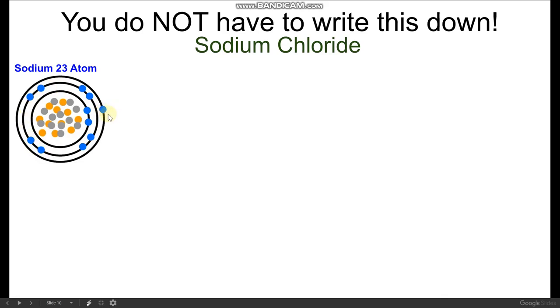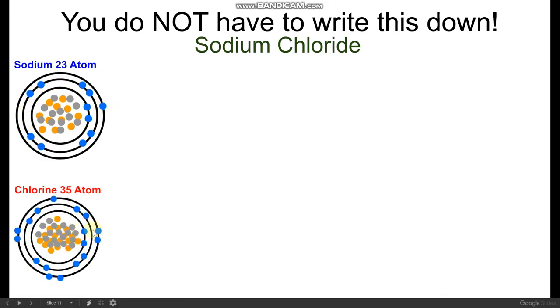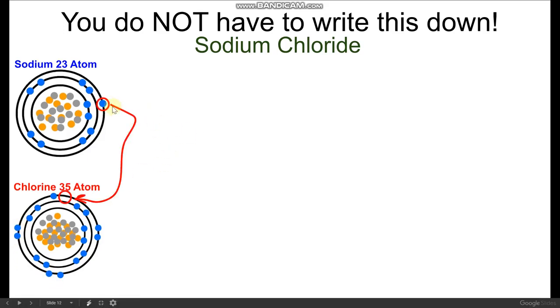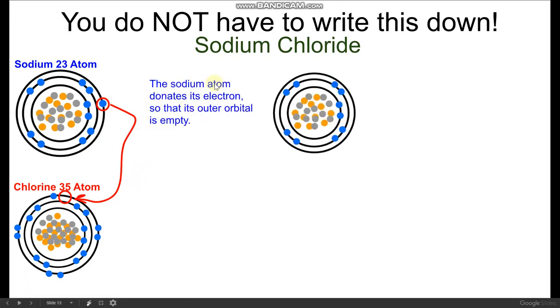Remember, it's got one valence electron. And then here we've got a chlorine-35 atom, and it's got 1, 2, 3, 4, 5, 6, 7 valence electrons. Our sodium atom is going to donate its electron to the chlorine atom. So the sodium atom donates its electron, so it gets rid of it.